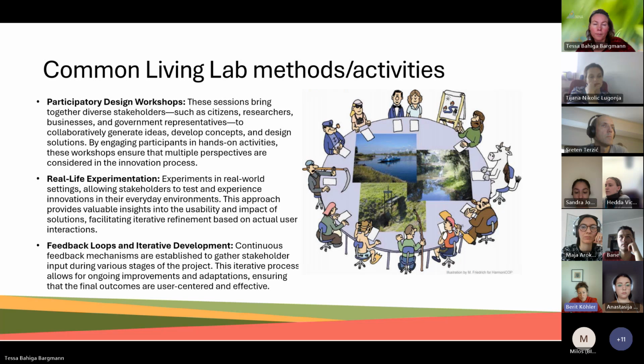So such an iterative process could allow for ongoing improvements and adaptations, and actually try to ensure that the final outcomes are user-centered and also effective. And as you see here, these different activities could also overlap to a certain degree in the setup of a living lab.